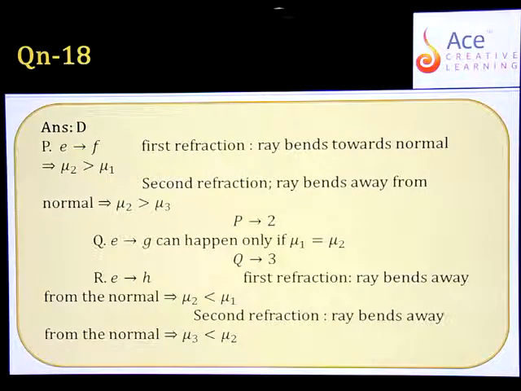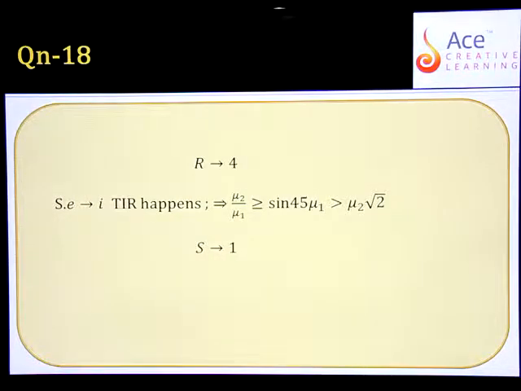E to H, first refraction ray bends away from the normal, second refraction ray bends away from the normal again. So mu2 less than mu1, mu3 less than mu2. And for the fourth case, E to I, there is a total internal reflection happening, which can happen only if mu2 by mu1 is greater than or equal to sin 45, or mu1 is greater than mu2 root 2. It is definitely an easy question.